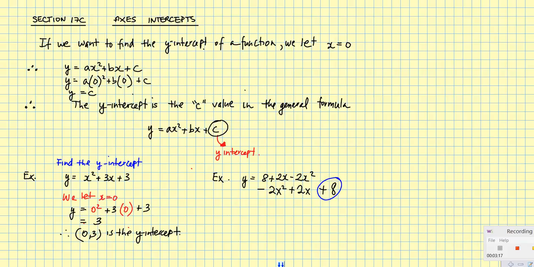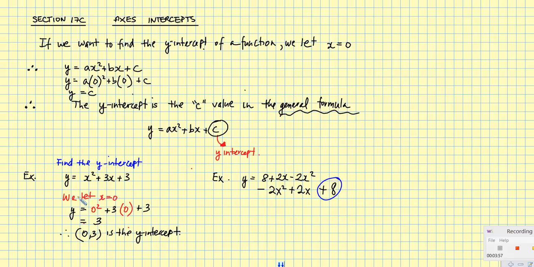When we want to find the y-intercept, we let x equal 0. If I replace the x with 0, I end up getting that y is equal to c. That means that in the general formula, ax squared plus bx plus c, our value of c is always going to be the y-intercept.